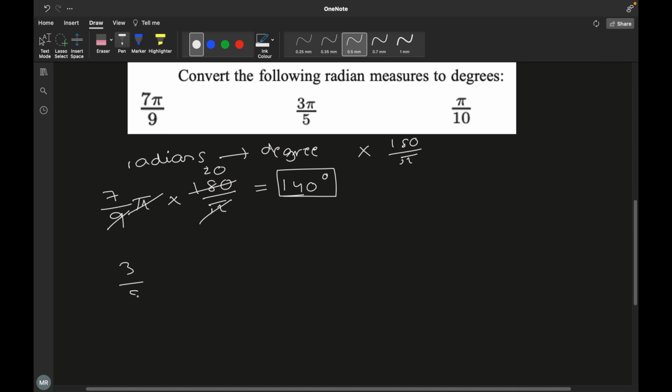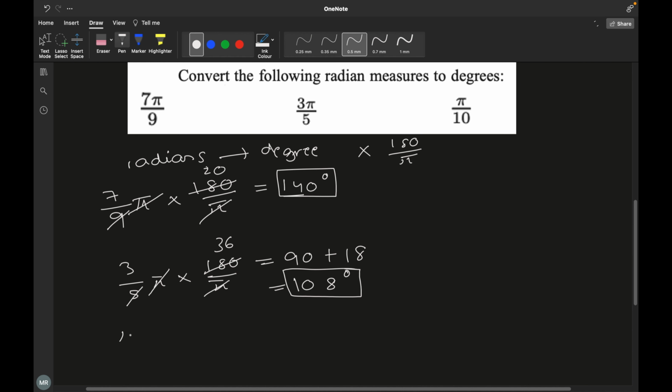And then 3 by 5 pi into 180 by pi. The pi gets cancelled. And then this will be 36. And that's 90 plus 18. So that's 108 degrees. Second answer. And now let's solve the last one.